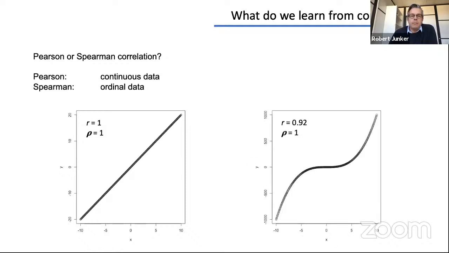The situation is a little bit different here. You see the relationship between X and Y is not linear anymore. Accordingly, Pearson returns an r value that is lower than 1, but Spearman still detects the full relationship. It is totally dependent, and so we have a rho of 1.